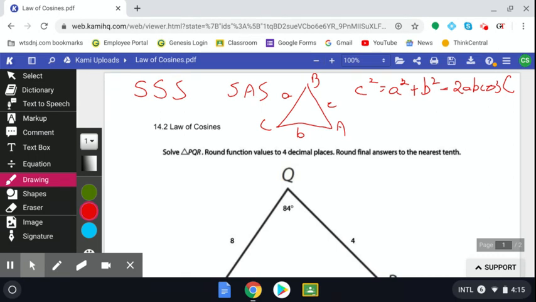You can also isolate the other two sides. So you can also say that b squared is equal to a squared plus c squared minus 2ac cosine b. And you can also say that a squared is equal to b squared plus c squared minus 2bc cosine a.